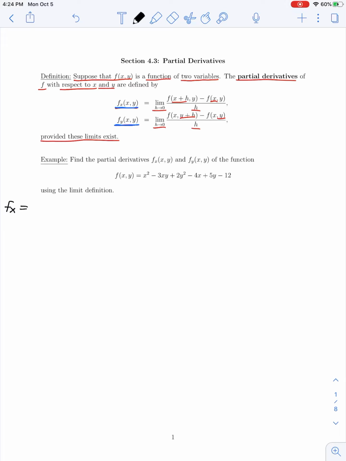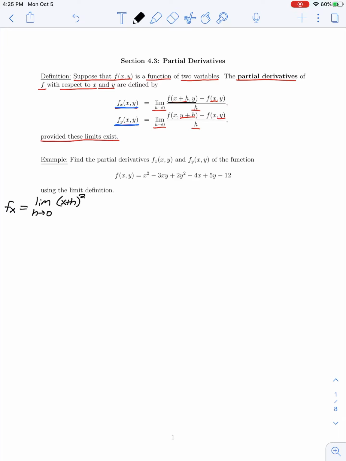Now this is defined as the limit as h approaches 0 of f of x plus h, y minus f of xy all over h. So for the first part of our numerator, we're evaluating the function f at the point x plus h, y. So everywhere that we had an x, we will be replacing it with x plus h.